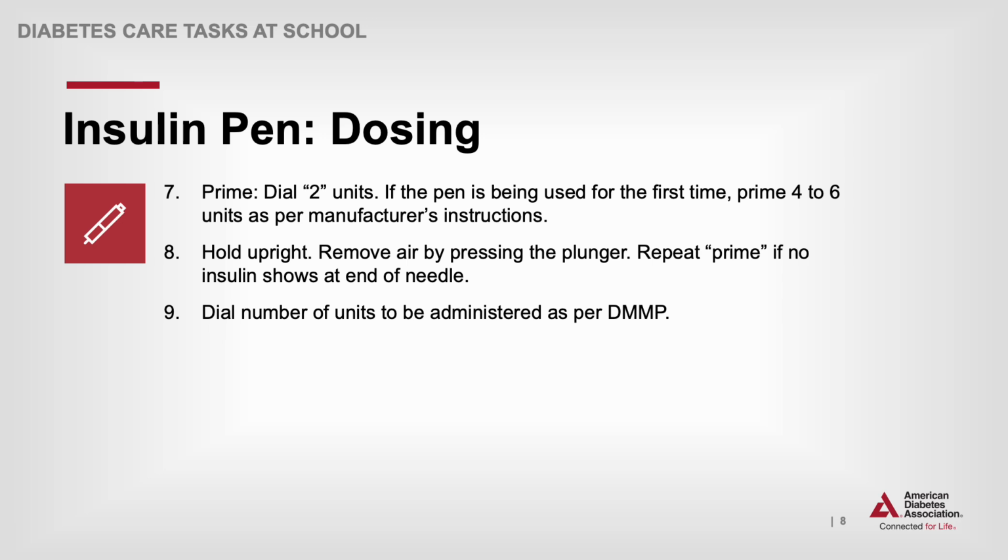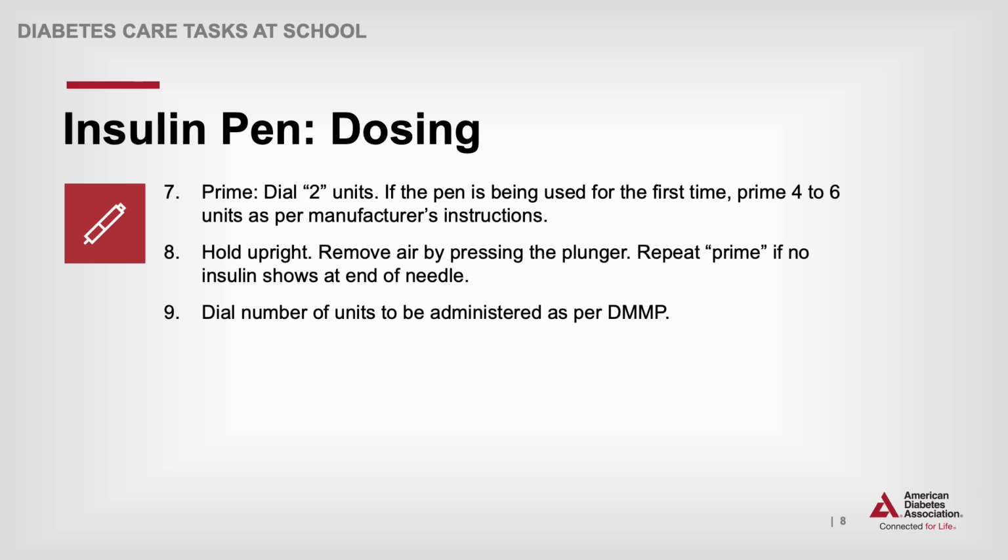Number 7, dial 2 units. Number 8, holding the pen upright, needle end up, press the plunger at the base or bottom of the pen to remove air until a few drops of insulin come out of the end of the needle. Number 9, dial number of units to be administered as per the DMMP.